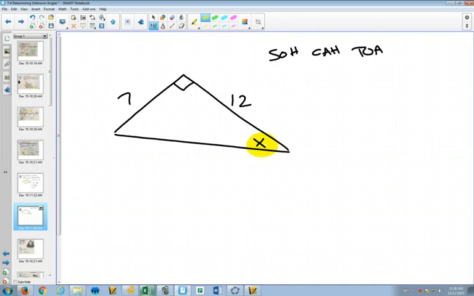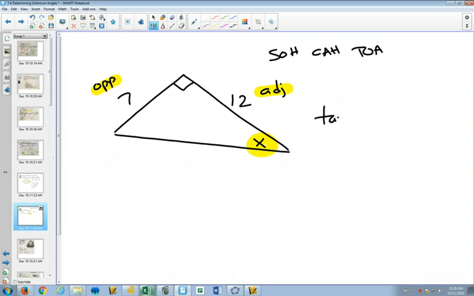The 7 is what? Opposite. The 12? Adjacent. Those are what go with that angle. So which trig function are we going to use to set this up with our definition? Tan.